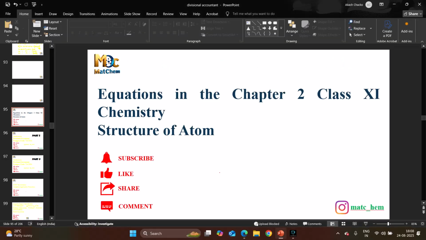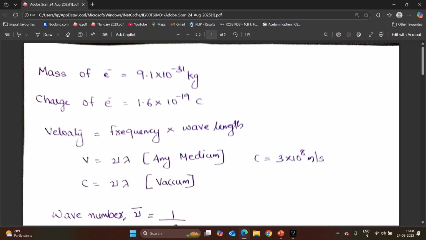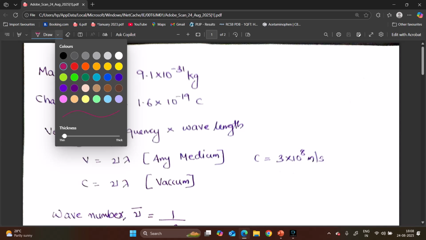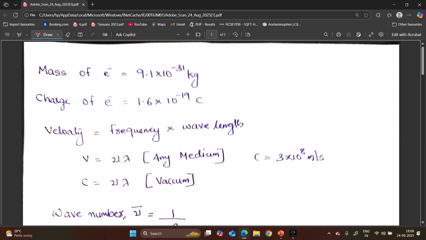Okay, so the first and fundamental aspect we will be discussing in the chapter is the mass of the electron. The mass of the electron is 9.1 into 10 raised to minus 31 kilogram.